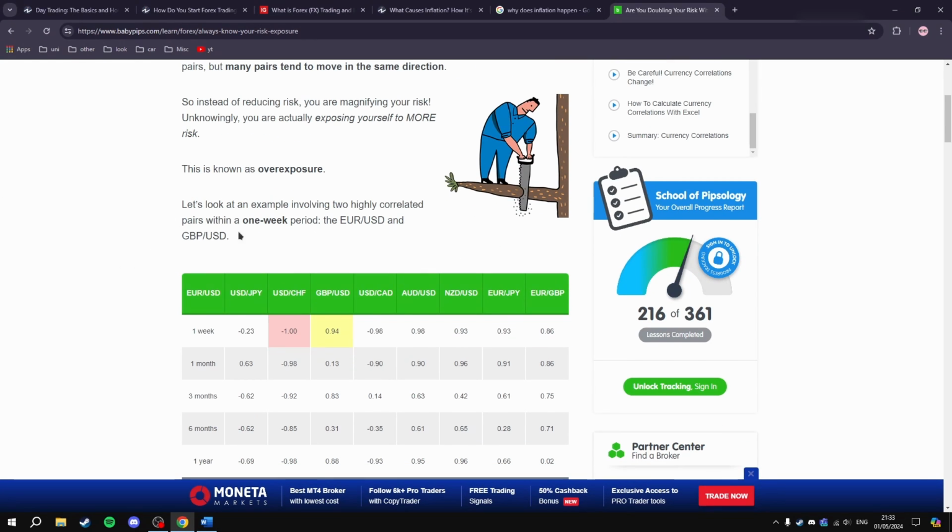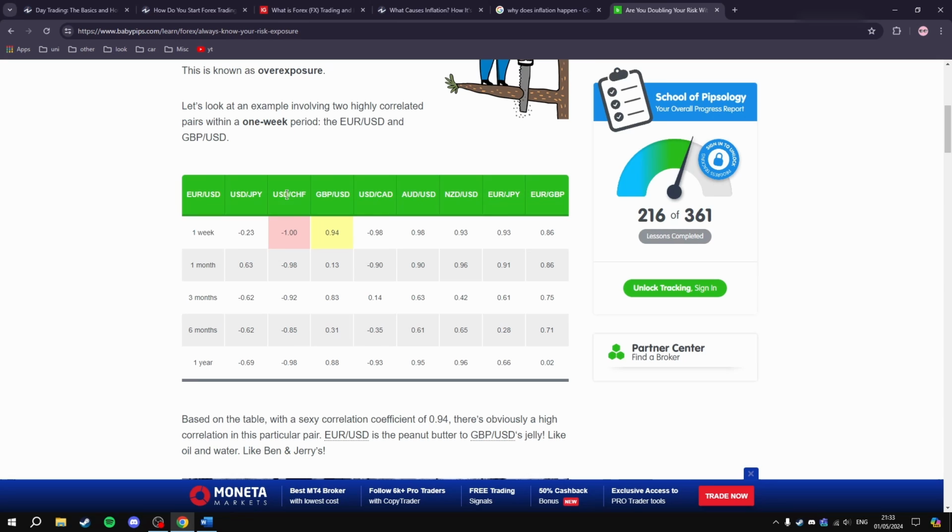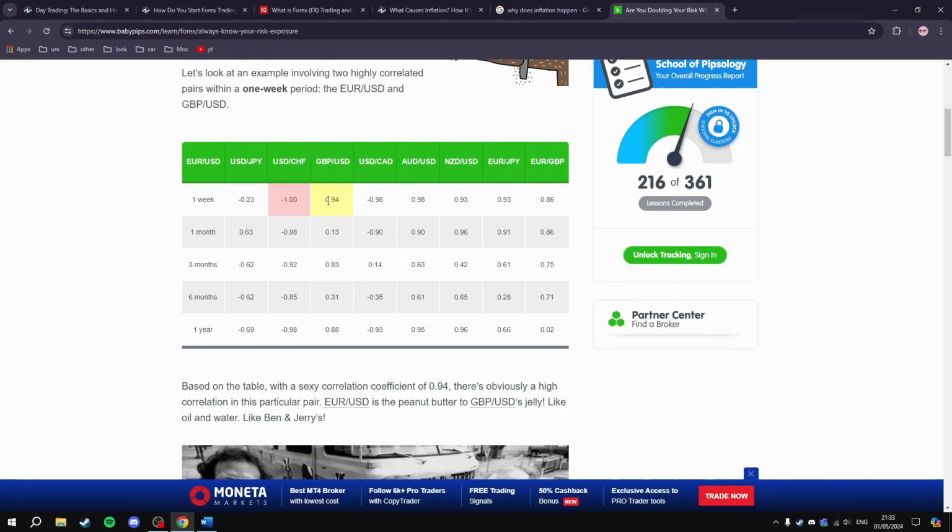Let's look at an example involving two highly correlated pairs within a 1 week period, the Euro-USD and GBP-USD. Based on the table, with a sexy correlation coefficient of 0.94, there's obviously a high correlation in this particular pair.